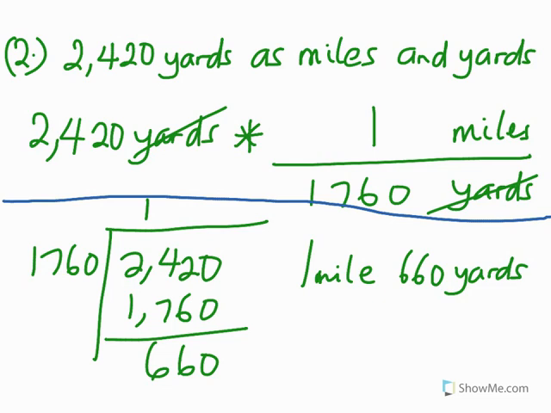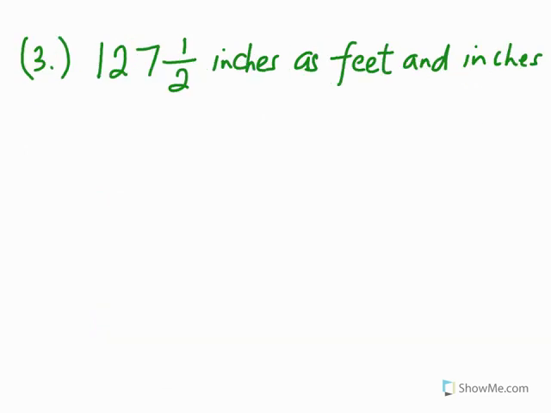Okay? Question 3. Okay, in this case, we are given inches, which is a smaller unit, and we are asked to convert it in the bigger unit, feet, and in the same smaller unit, inches. So we first of all convert it to the bigger unit.